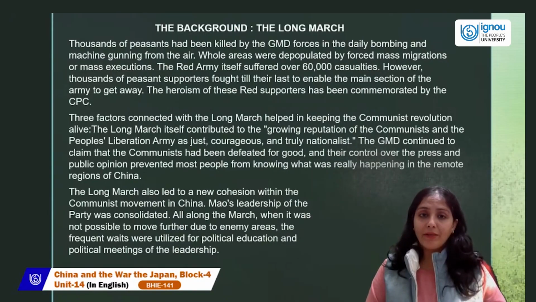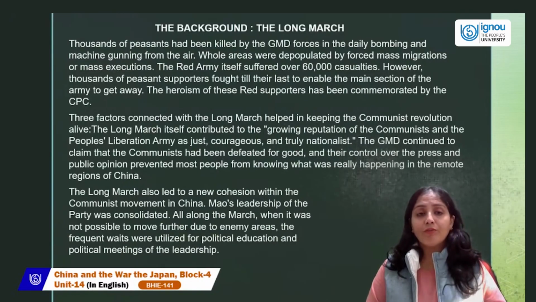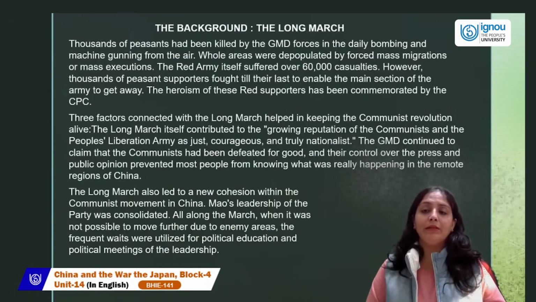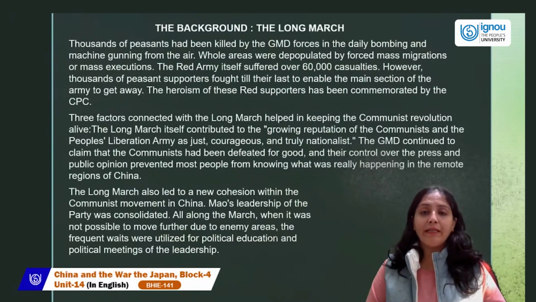The Red Army itself suffered over 60,000 casualties. However, thousands of peasant supporters fought till their last to enable the main section of the army to get away. The heroism of these Red supporters has been commemorated by the CPC.